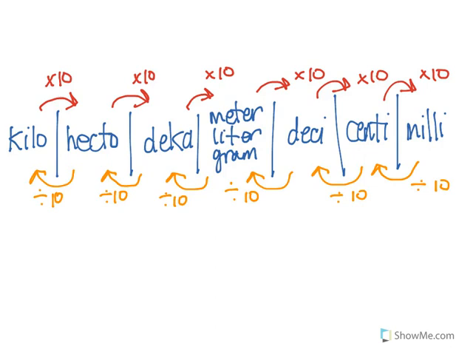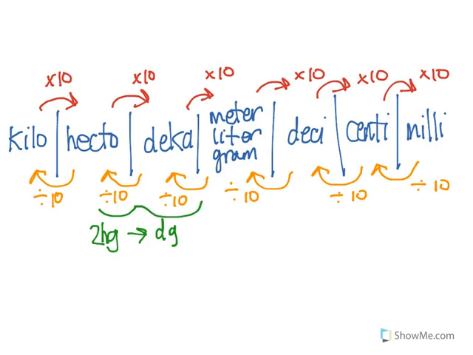Or if I was at 2 hectograms and I wanted to go to decigrams. Well, if I was at 2 hectograms and I wanted to go to a decigram, how many jumps is that? Well, that's 1, so that's 10.